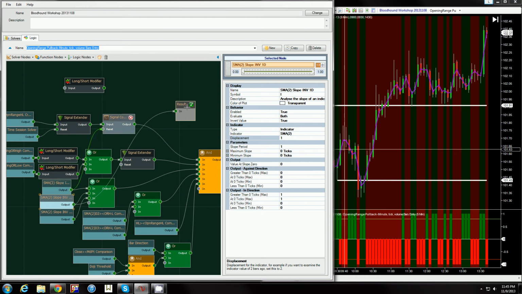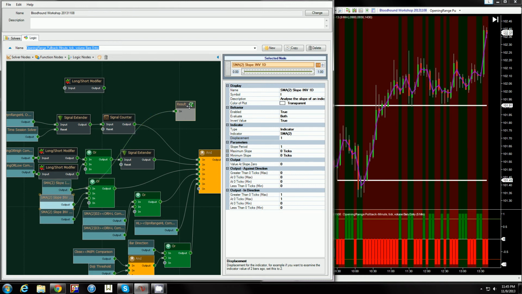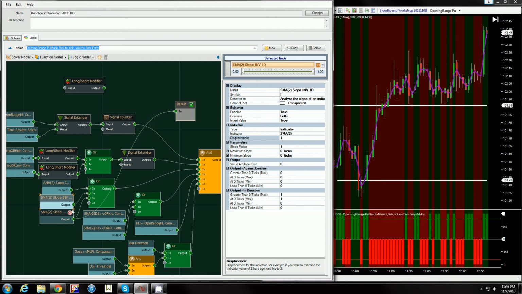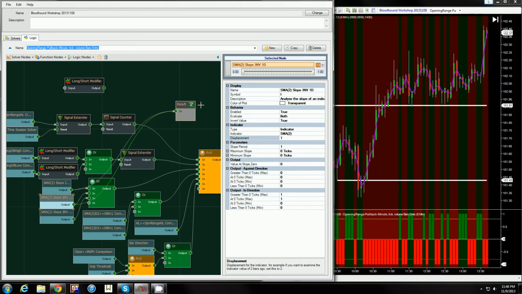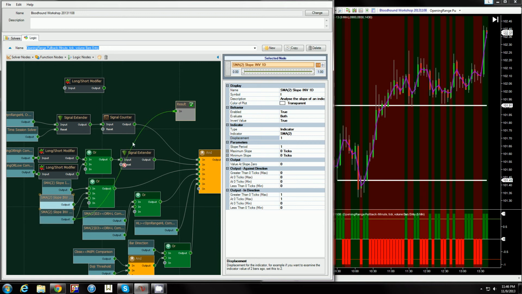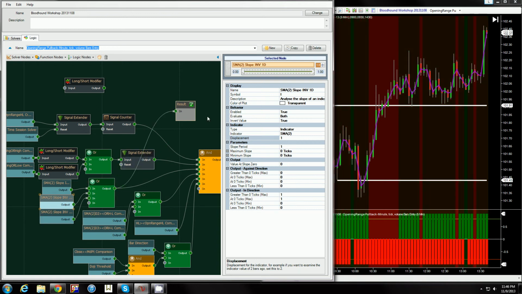Watch this. I'll connect it back. That's the current slope of the bar, and this is the slope of 1 bar ago for the current bar. And then this is the slope 2 bars ago for the SMA 2 period for the current bar. So you see it. This is current bar, 1 bar ago, 2 bars ago. So one of these 3 has to be against the trade, which will give us a long signal.